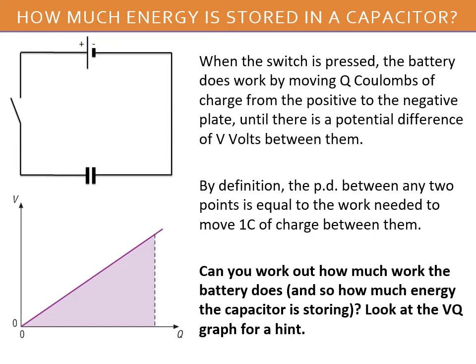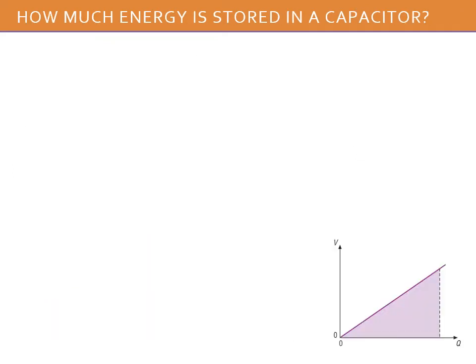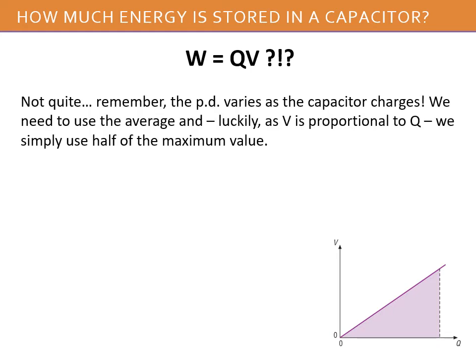So look at the graph, voltage versus charge. What do you think? You can pause the video and think of your answer. So we will see according to the graph. If we talk about work done, it equals Q times V, but the potential difference is not constant across the capacitor.